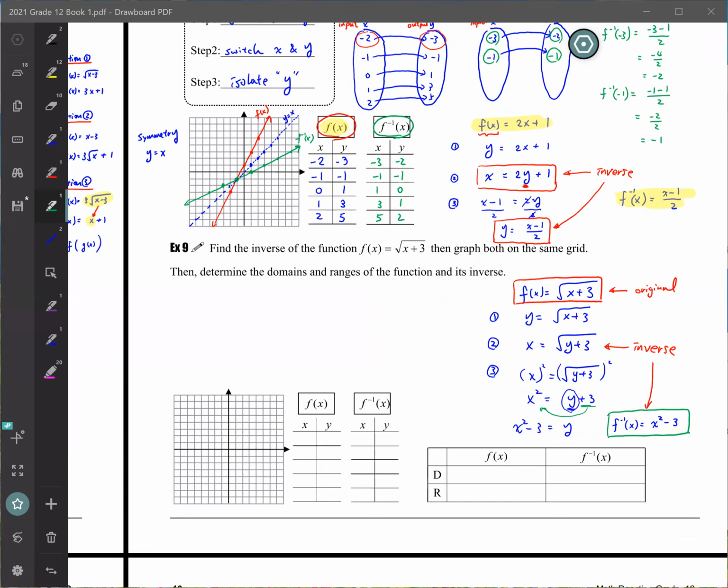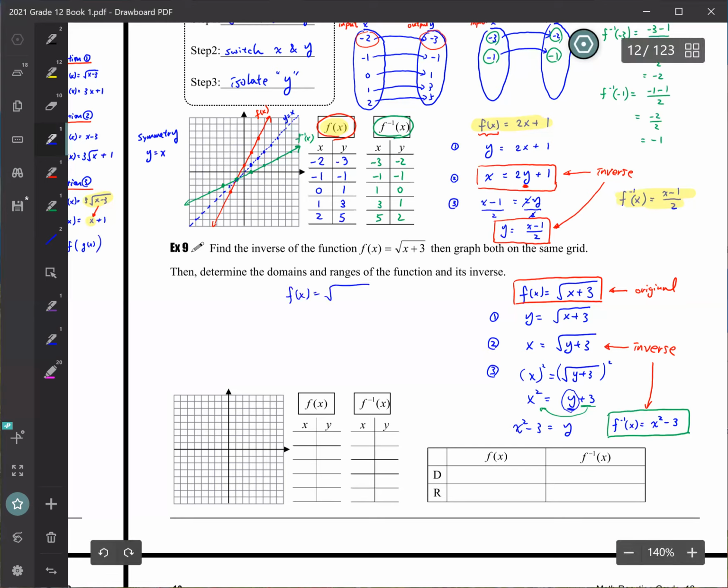So when you see a radical, right away you should think about restrictions. We talked about restriction today, right? How do we find restriction for a radical? Angela? For all the radicals, it has to be bigger or equal to 0.